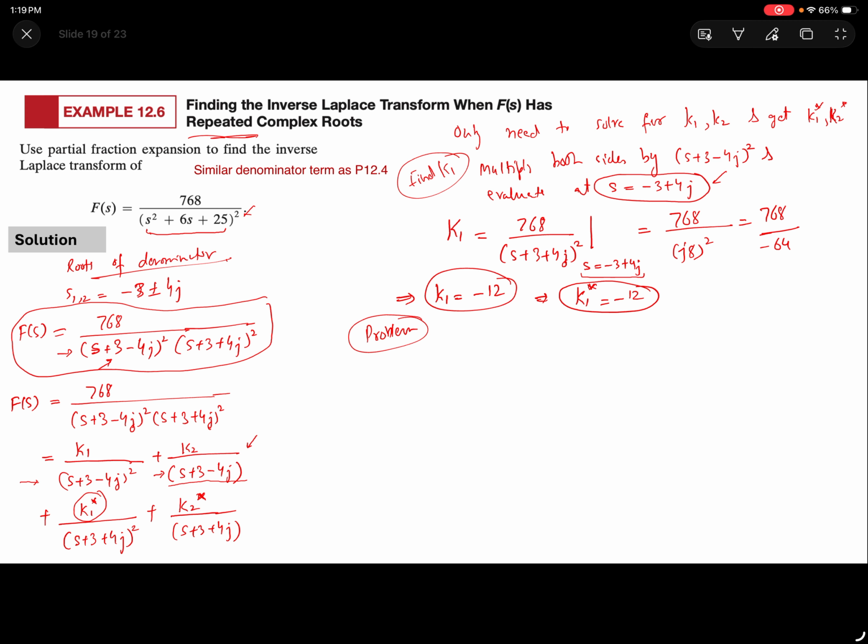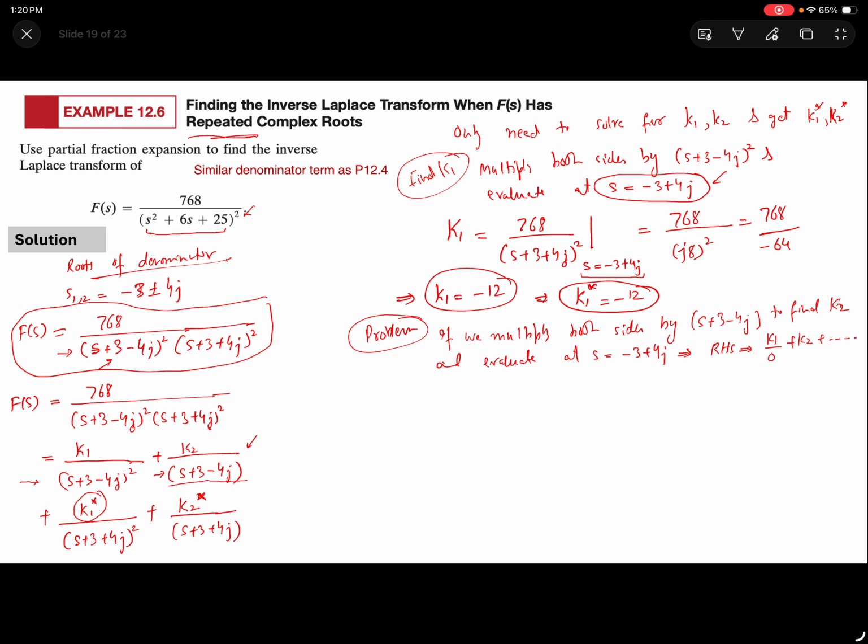So for example, if we multiply both sides by s plus 3 minus 4j to find k2, multiply and evaluate at s equals minus 3 plus 4j, the right hand side is going to look like k1 over 0 plus k2 plus other things.